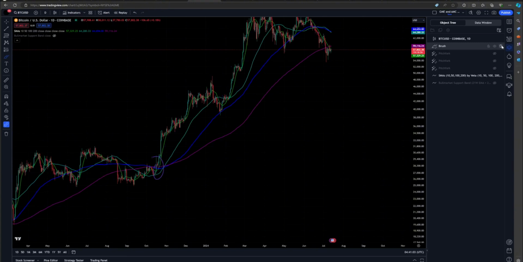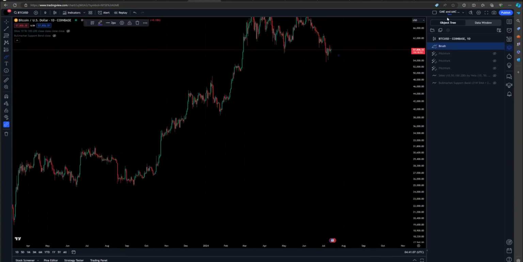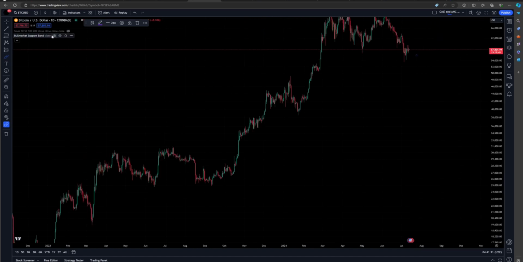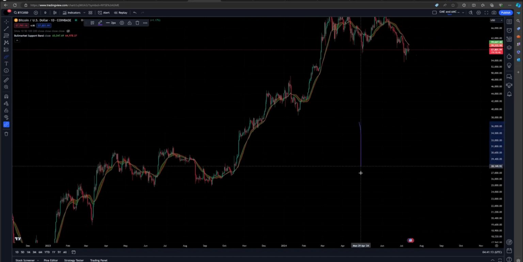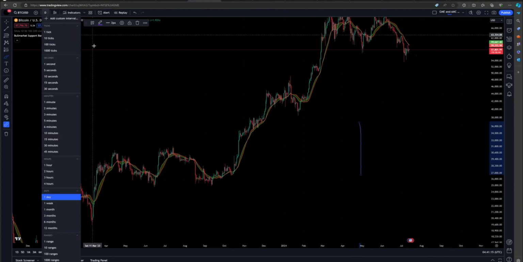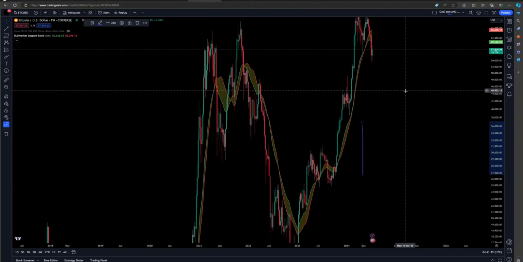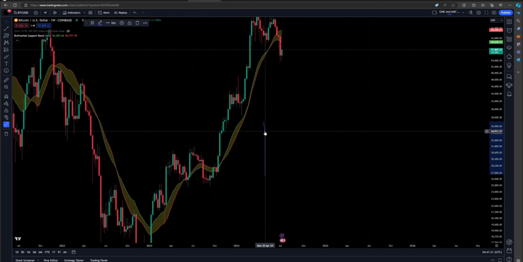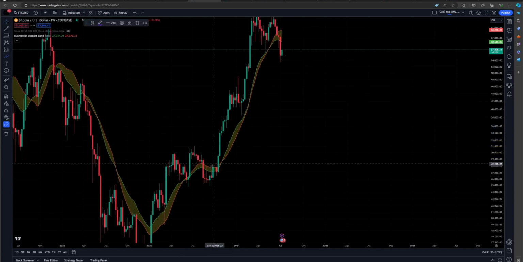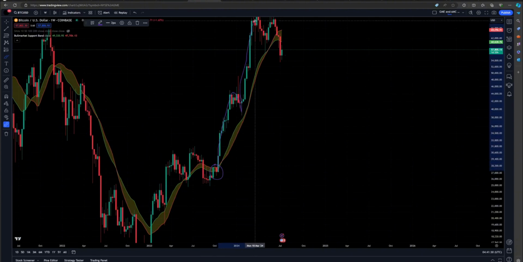And also the moving average band that I was telling you about. Let's remove the SMAs here, and then let's put the band that I was talking about. Let's go to the weekly chart. As you can see, this is an extremely powerful tool. Once you break up out of the band, you start riding it to the upside.